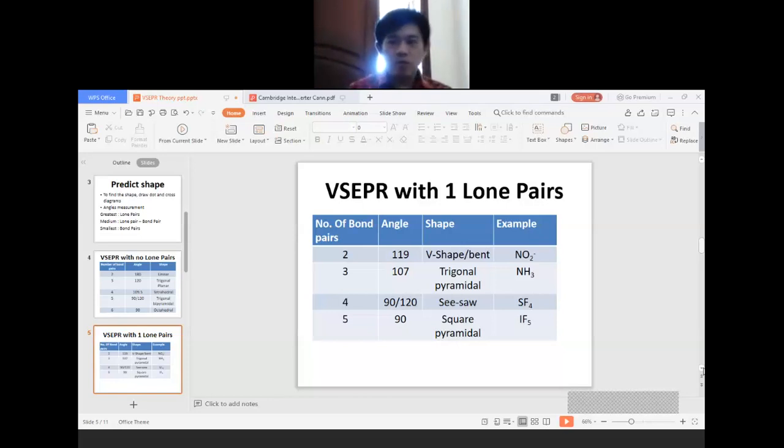So we know that iodine has seven electrons in the outermost shell. Five electrons around iodine are occupied by fluorine.